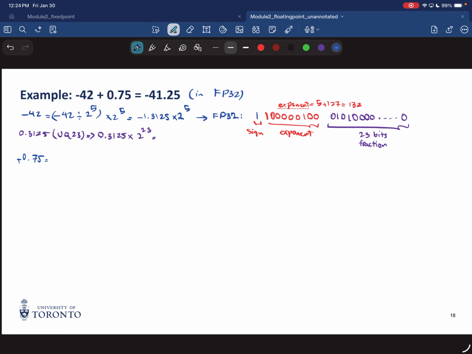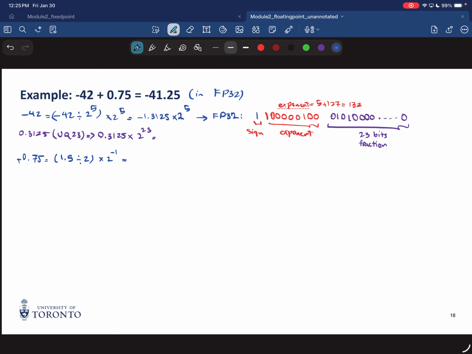How do I normalize it? Go ahead. You multiply by like 2 to the power negative. Yes, you multiply it first, right, to bring it above 1, and then you divide it.